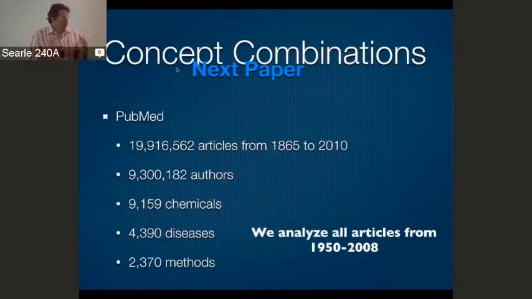So if this attention to disease doesn't correspond to the needs of society, then what does it correspond to? For that, we engaged in a study where we looked at the combinations of these concepts across papers in the PubMed and Medline database. So about 20 million articles, about 10 million authors.